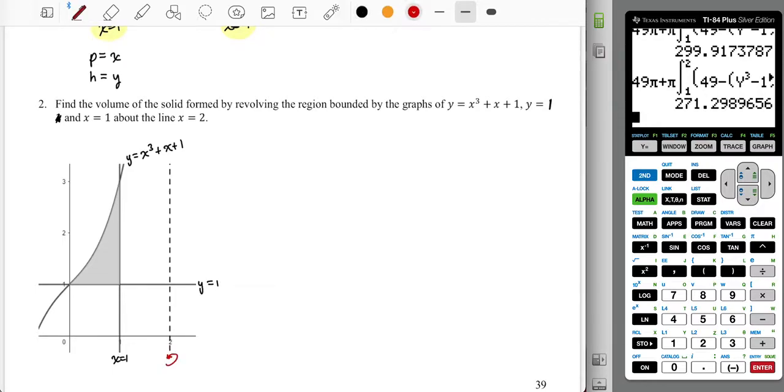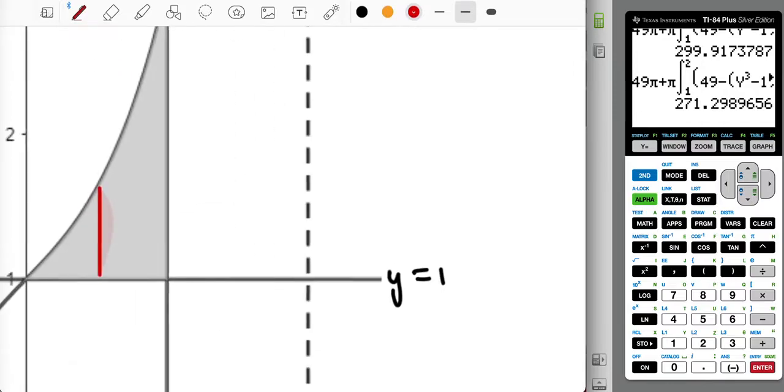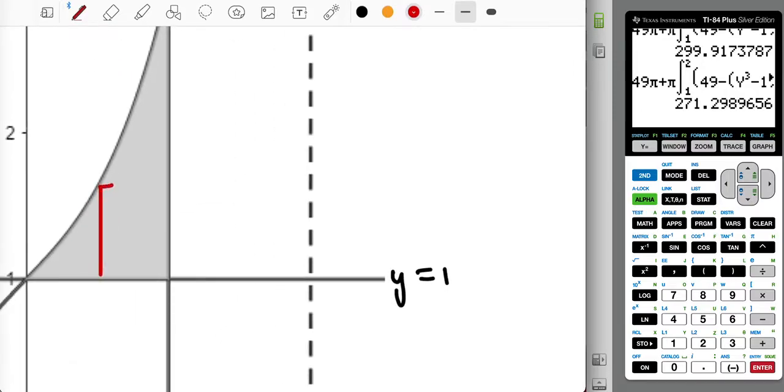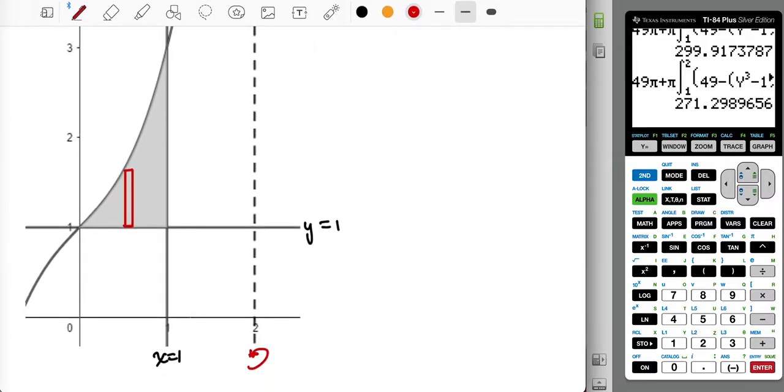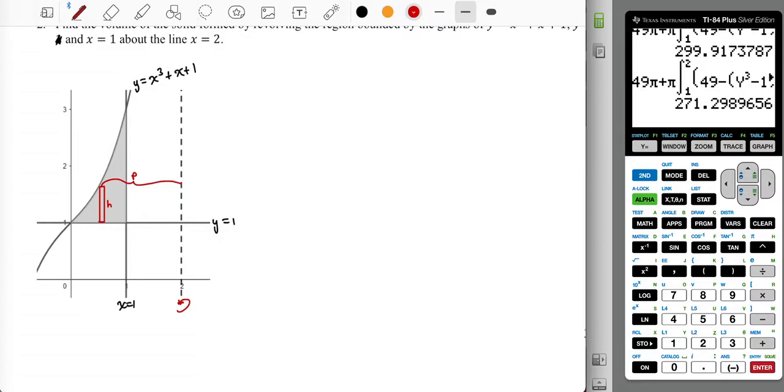All right, so I need a rectangle that's parallel to the axis of revolution within the bounded region. So I need the height, and I need the distance, or the radius.